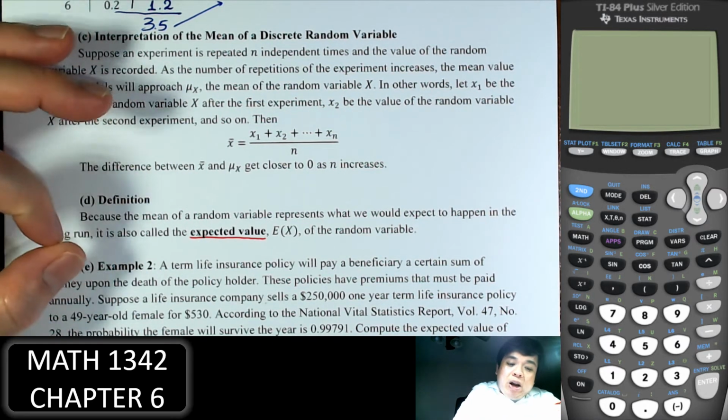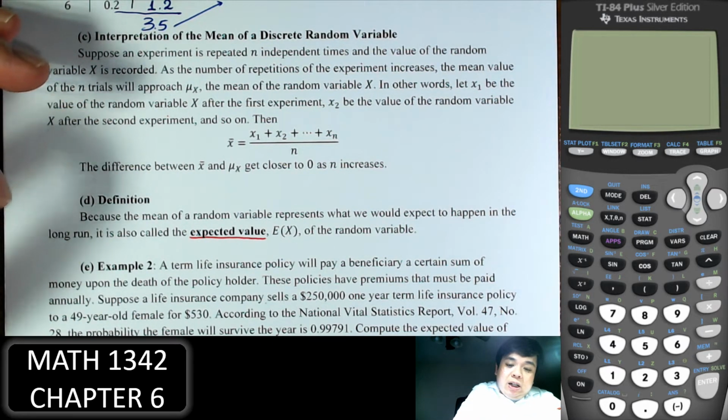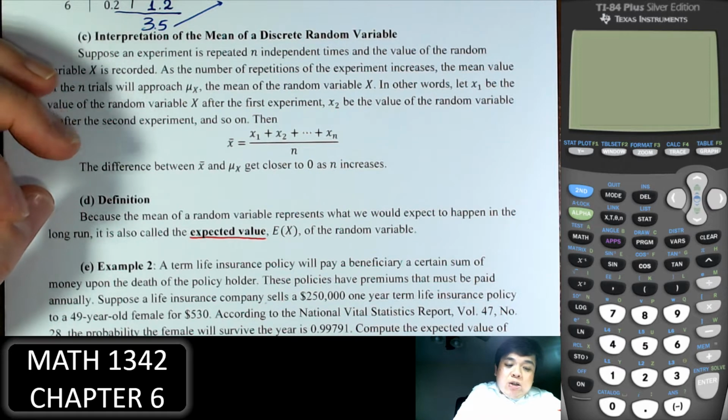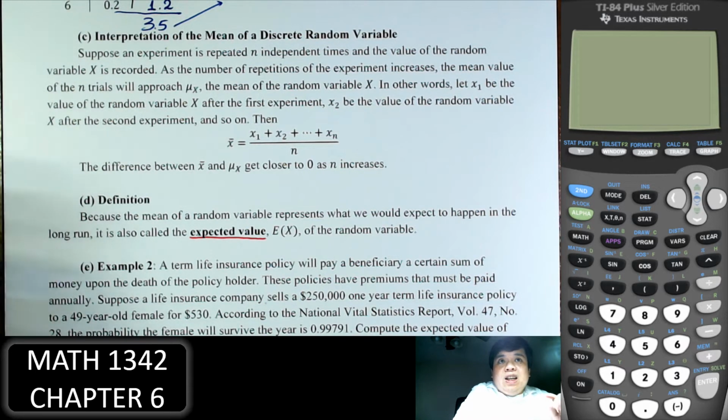So the mean of the random variable represents what is expected to happen in the long run, and is called the expected value. So this is the mean of what is about to happen in the long run.